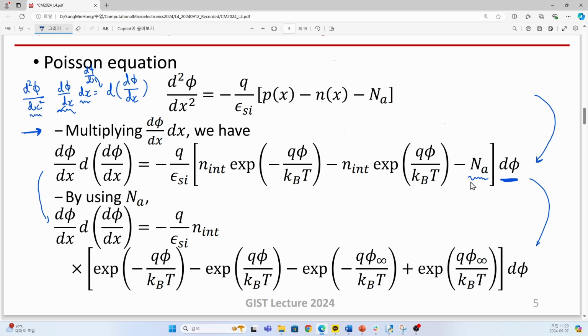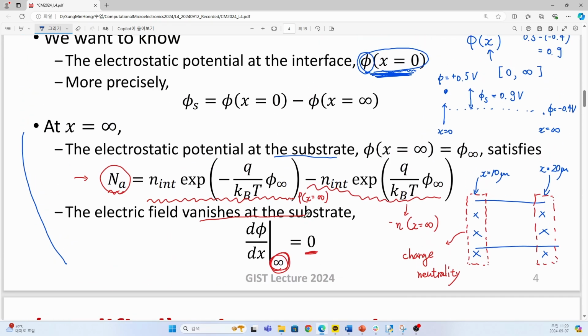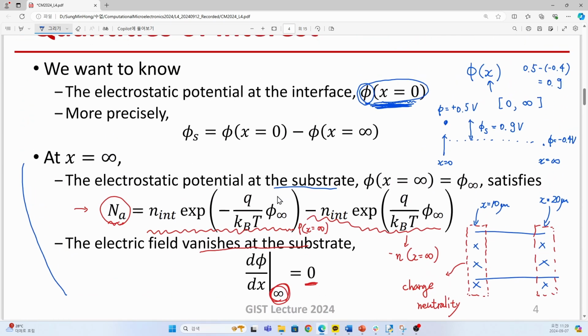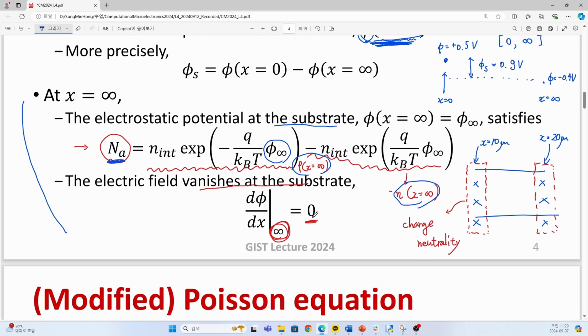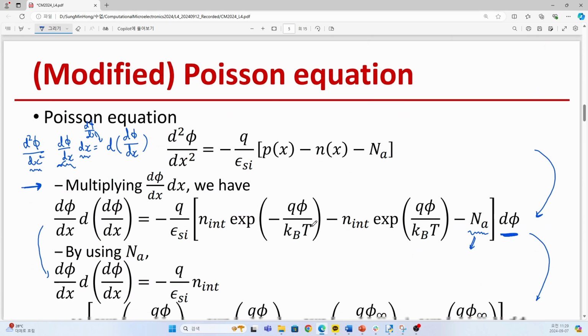So what we do is just to observe what is NA. From the boundary condition for electrostatic potential at the deep substrate, now we have the expression for acceptor doping as a sum of these two terms, actually hole density minus electron density. Yes, so we can just insert this expression.